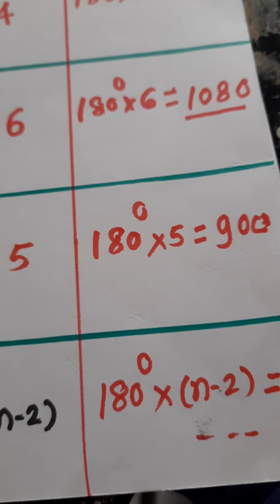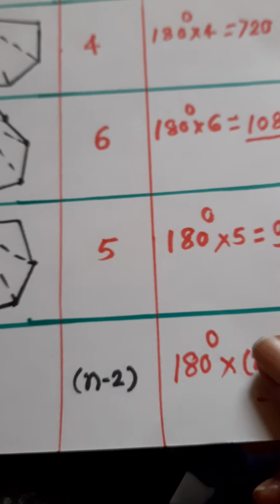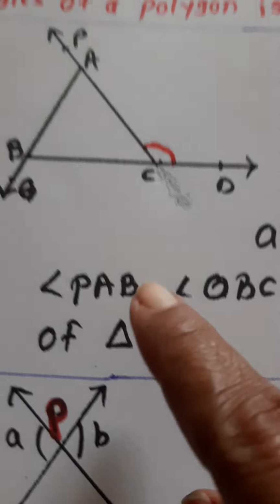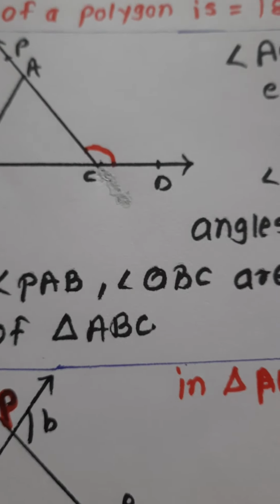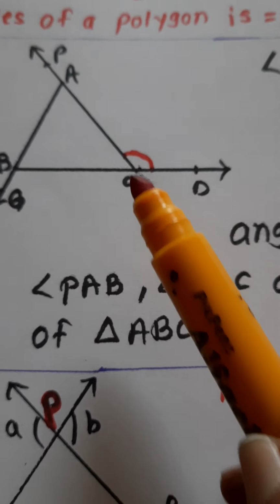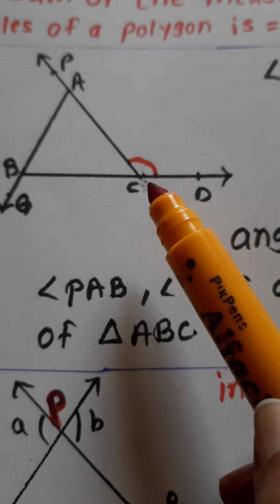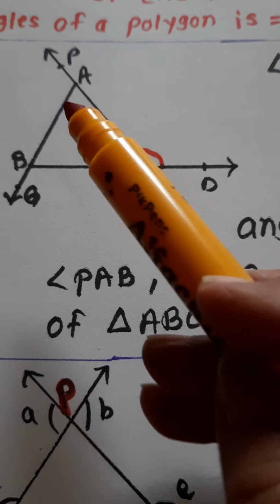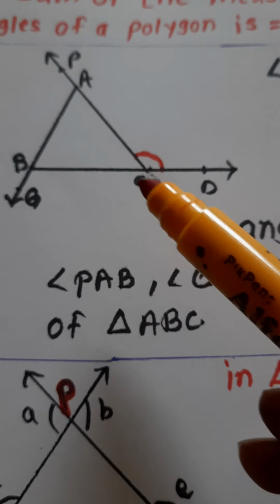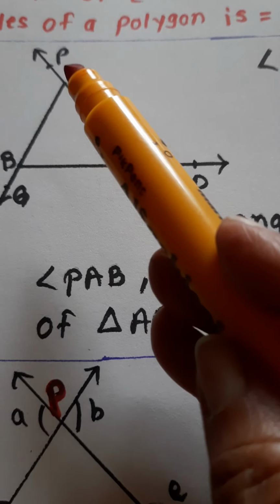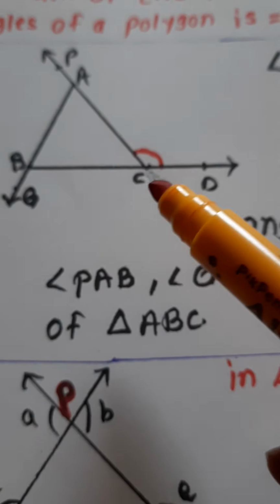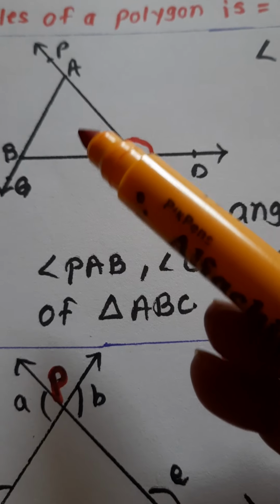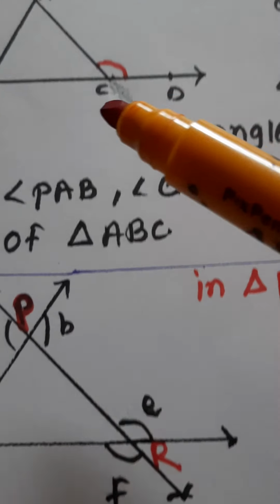The next one: in triangle ABC, ACD is the exterior angle of triangle ABC. Like this, ACD is an exterior angle, and PAB and CBQ are also exterior angles of triangle ABC.